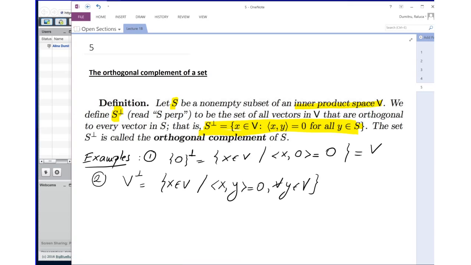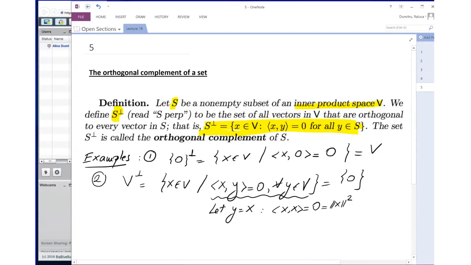But why is it 0 only? Because if anything else belongs to V that's non-zero, then the inner product is going to be the norm squared. Correct. So if this works for every y, it will also work for y equals x, because x is also an element of V. So if y is x, that means the inner product between x and itself is 0. The only vector with a 0 norm we've seen is the 0 vector.